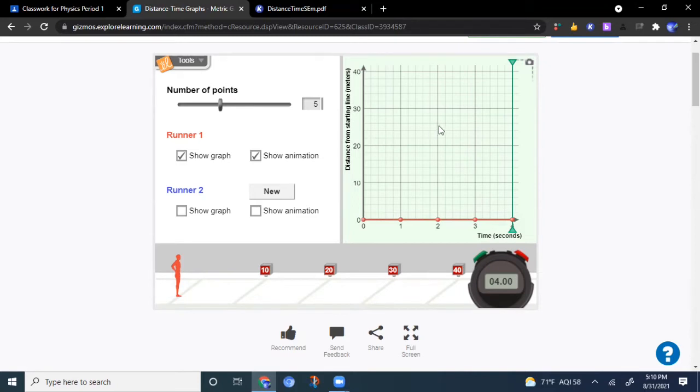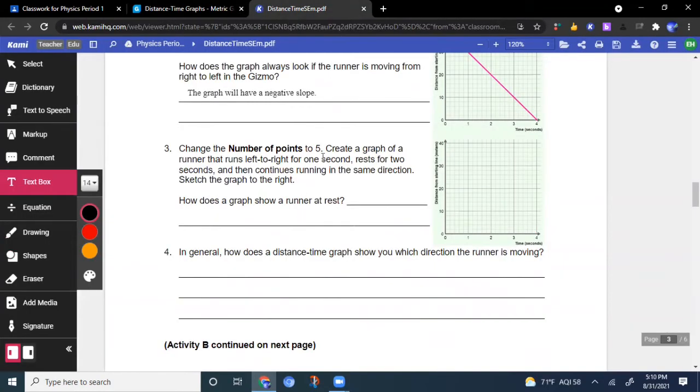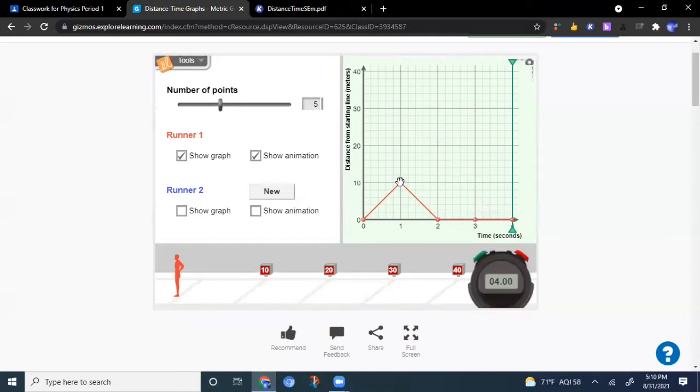To have upward slopes, in other words. We need to go from left to right for 1 second. Then we need to rest for 2 seconds. So from 1 to 3 seconds, we can have a flat slope or no change in position. And then we can continue moving forward. So it might look like this. Run, stop, run, all in the same direction.